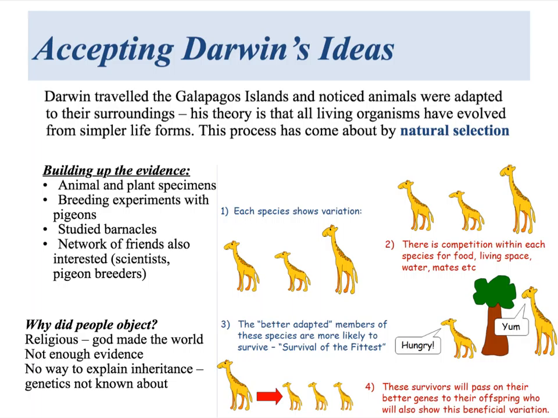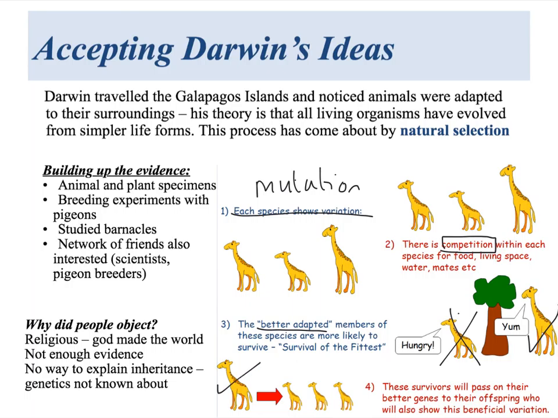Darwin, however, was correct. So we've got variation in species that's caused by mutation. They compete for something, in this example, probably for food. Those that are best adapted survive. So this one would survive, and then this one would breed and pass on its genes.